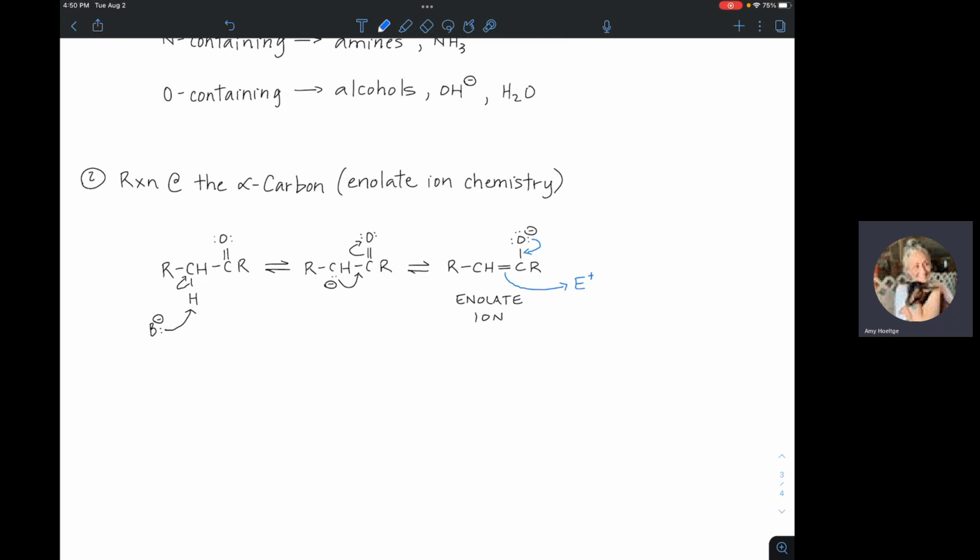What you're actually doing is forming a bond between the alpha carbon and the electrophile. So if you want to view it, sometimes it's easier to view it as we're using these electrons on that carbon, right? So we have our resonance contributing carbanion over there.